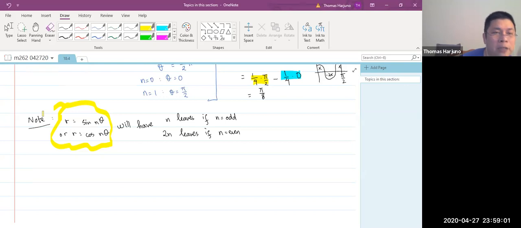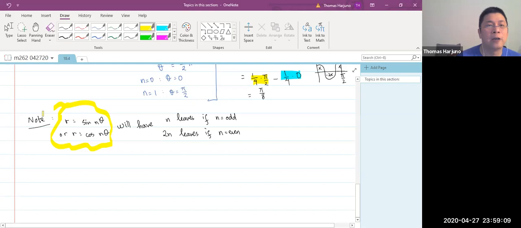Now, that's not something we need to remember, though. It's just something nice to know quite fast. Now, how about the radius? We can put a constant here, let me put A here. Then it will basically enlarge the radius of the process, if you want to call it that.